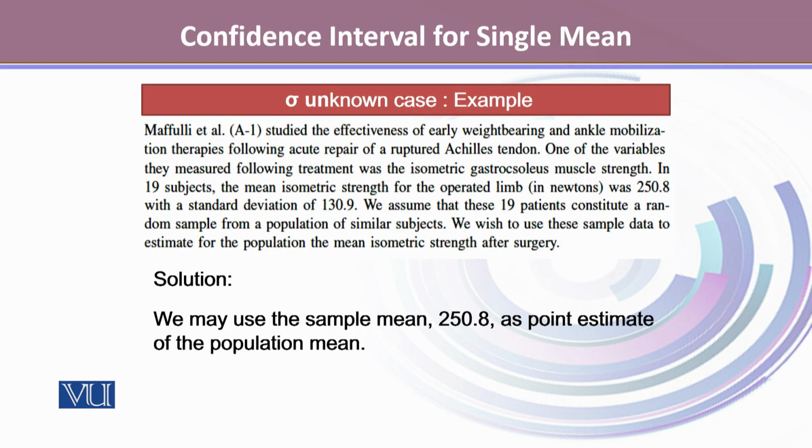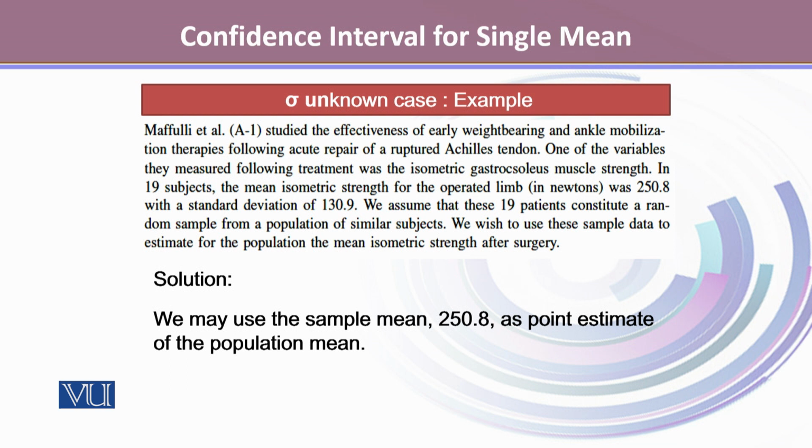In 19 subjects, the mean isometric strength of the operated limbs was 250.8 newtons, with a standard deviation of 130.9 newtons. We assume that these 19 patients constitute a random sample from the population of similar subjects.